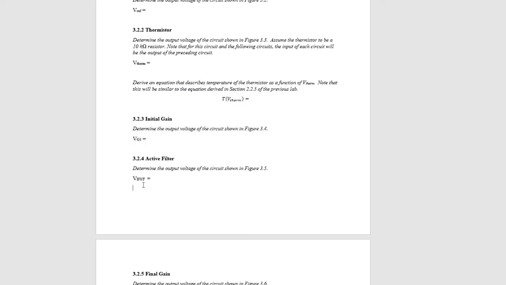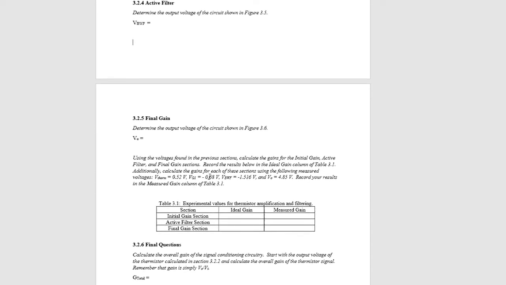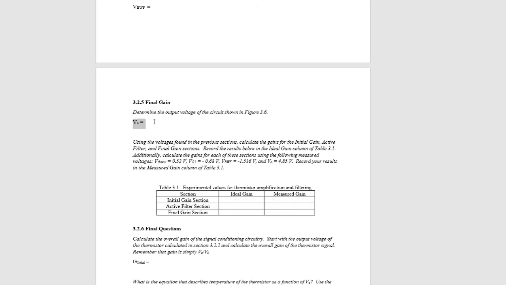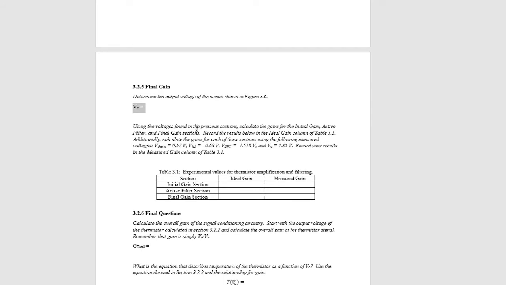Again, we're looking for voltages at the output of each op amp, and then this will be the last op amp. It'll be the output of the whole circuit. So using either the voltages and V out over VI, or the resistances and what kind of circuit it is, I want you to calculate all of the ideal gains.